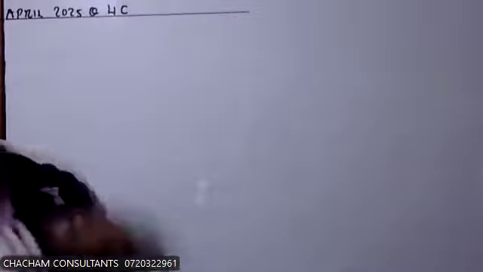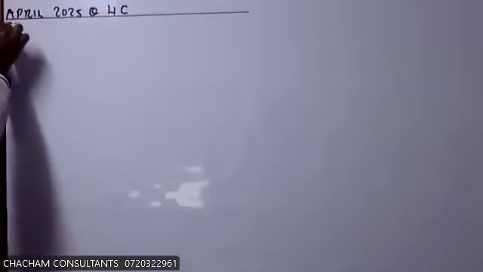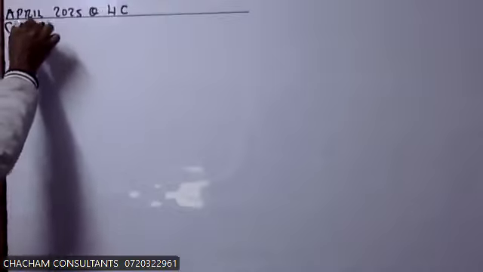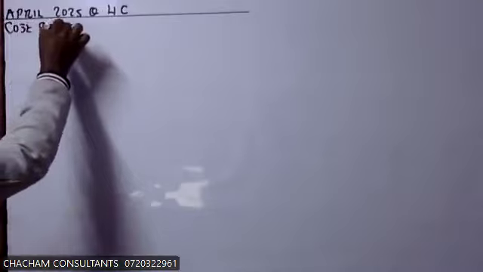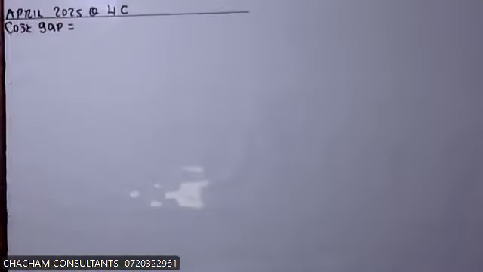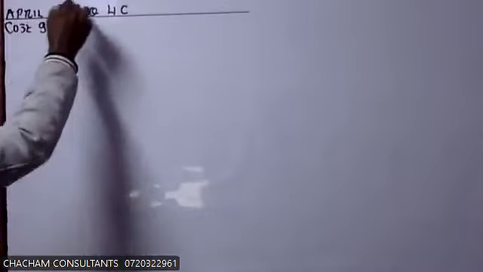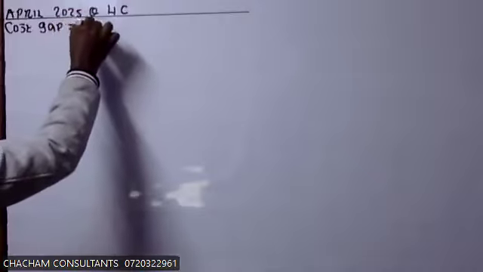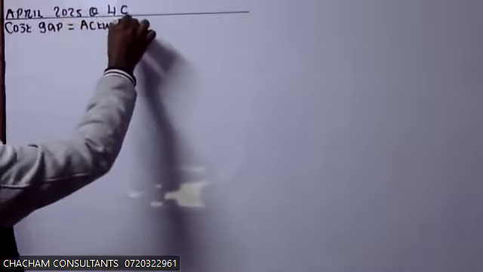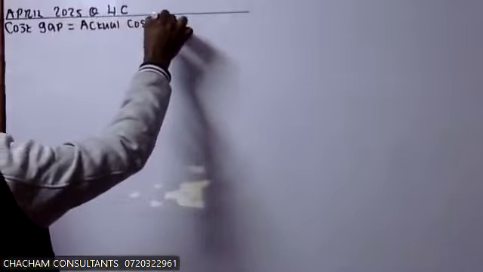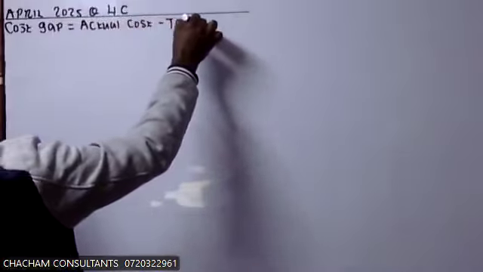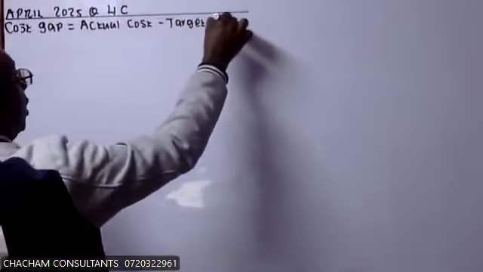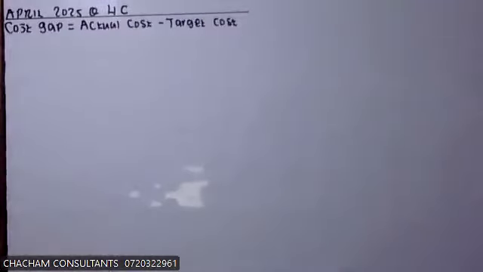cars. Now the first thing is to know, when you hear of the cost gap, the cost gap is supposed to be given as the actual costs minus target costs.